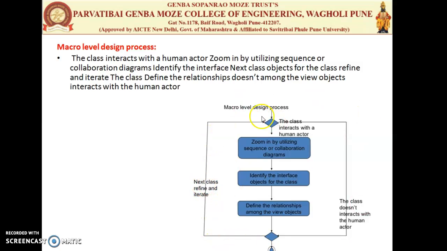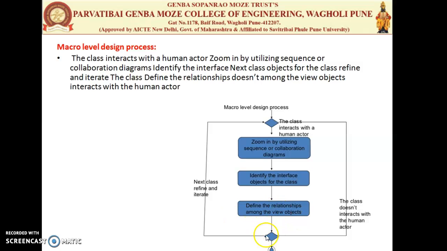So this is a flow chart which will give an idea of the micro level design process. As the query comes, it checks whether human interaction objects are needed or not, that is, whether the classes are interacting with human actors or not. If yes, then you need to find the different classes under the sequence and collaboration diagram. After the classes are identified, you need to identify the objects of those classes that will take part in the interaction, and then define the relationship among the different view objects.